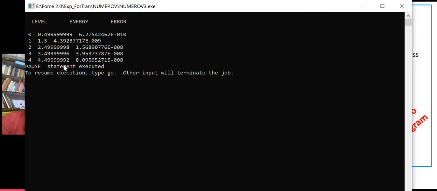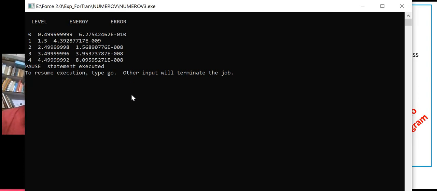If h nu is 1, then E ground, that is E0, would be simply half, that is 0.5, and E1, the first excited state, would be 1 plus half, that means 3 by 2, that means 1.5. And on the right hand side it shows you the error, meaning the difference between the computed value and the exact value, because we know the exact value of SHO, and they are almost 0.